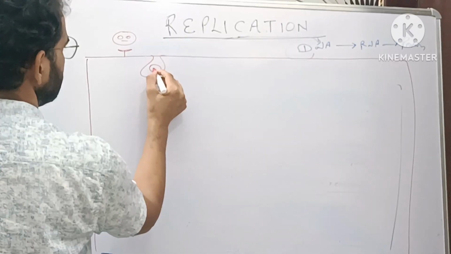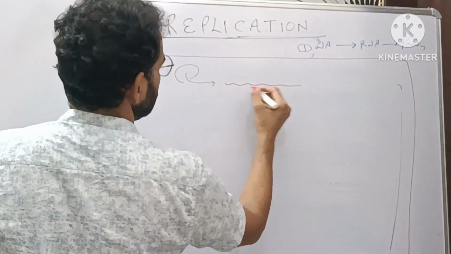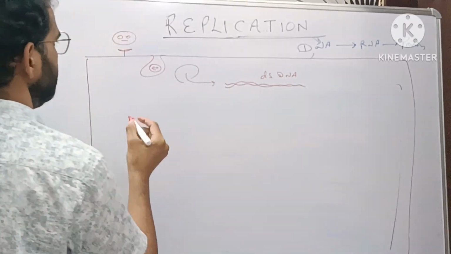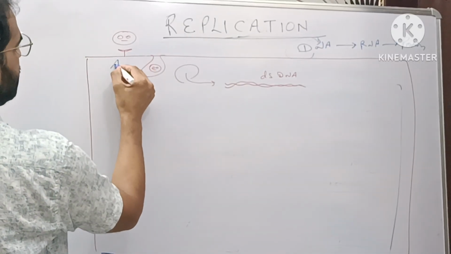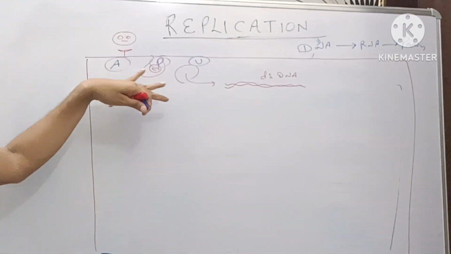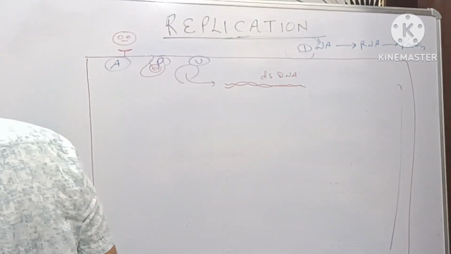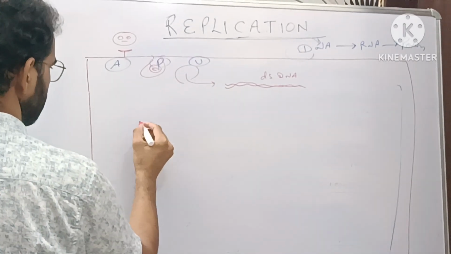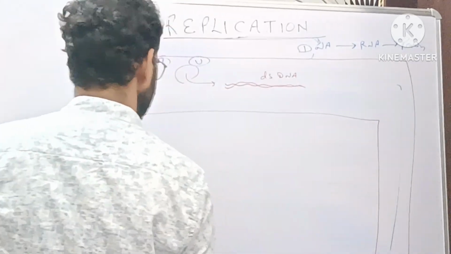It comes inside and then there is uncoating of the viral genome. This is the double-stranded DNA. So this step is attachment, this is penetration, this is uncoating, the APU. So these are the three steps. Then this is the double-stranded DNA. This is the cytoplasm and this is the nucleus.